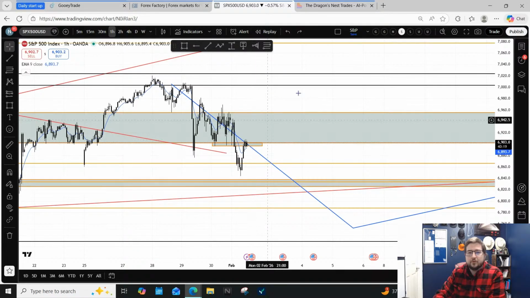So therefore, if we do break below, I'm currently not interested in trading NASDAQ and S&P at the same time, unless I do one thing. If I am in a lower position, like for example, if I halve my position, because they're pretty much very correlated. So if I take, say, my max risk per allocation, say gold, right?